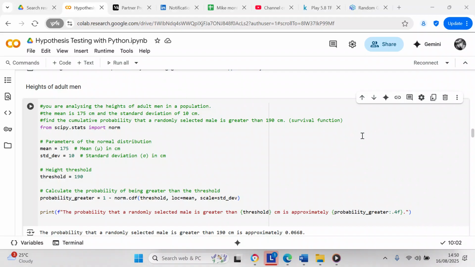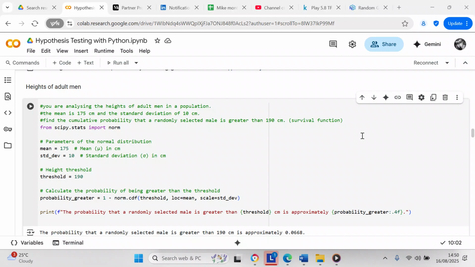The first thing we want to do is import the library that we're going to be using to execute the program. So from scipy.stats, we're going to import norm. SciPy is Python's scientific library, stats is a statistical module within SciPy, and norm is the function that we're going to be using.